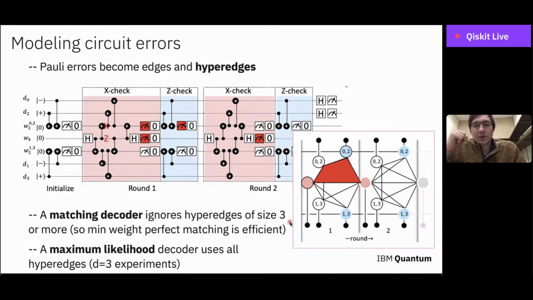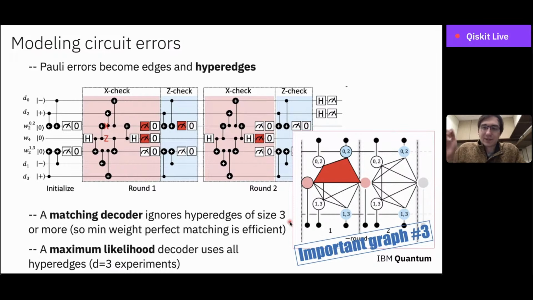And it's efficient if you're just working with a graph rather than a hypergraph. So this is in contrast to maximum likelihood decoding, which uses all the hyperedges. So that's something that we do in our D = 3 experiments, which I'll explain later.